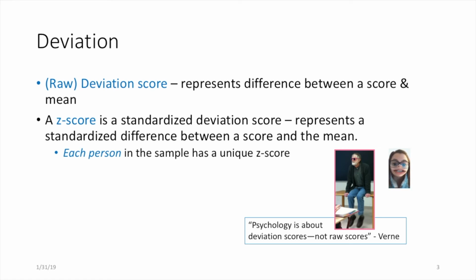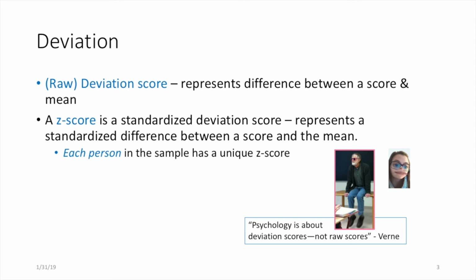So, when we standardize a score, that means the person's score is no longer in the original units of the scale. Instead, it's now in terms of something that we'll call standard deviation units, which means essentially it's in units of the standard deviation. So we'll kind of unpack that and make sense of that a little bit more throughout the lecture and class.